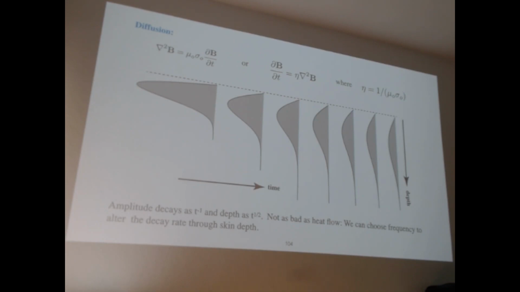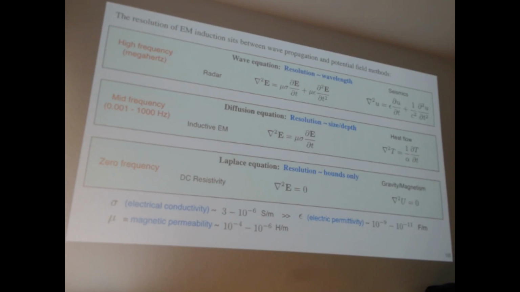But you might say, okay, heat flow, that's about the most useless geophysical tool there is. Why is EM induction any better? And the answer is we get to play with frequency. We can change the scale length by changing the skin depth, by changing the frequency. And this is where EM induction sits in the geophysical hierarchy.